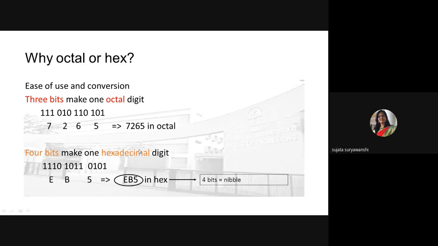In the case of octal numbers, the maximum octal digit is 7, and 7 is represented by 111, so any octal digit requires only 3 bits. Right now we are considering hexadecimal numbers. The highest value of a hex digit is 15.